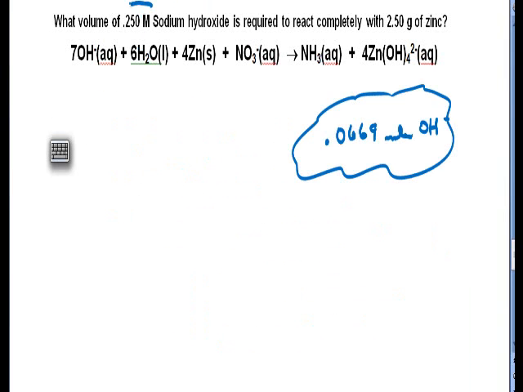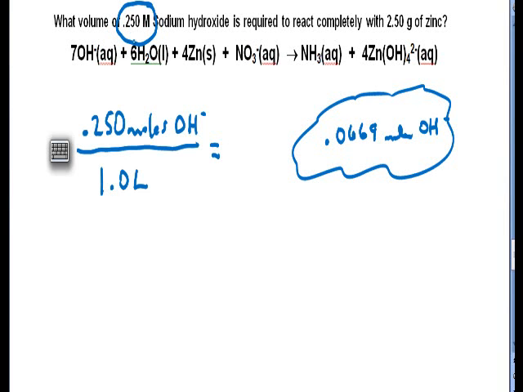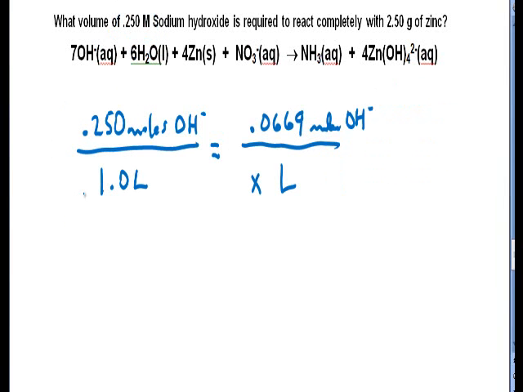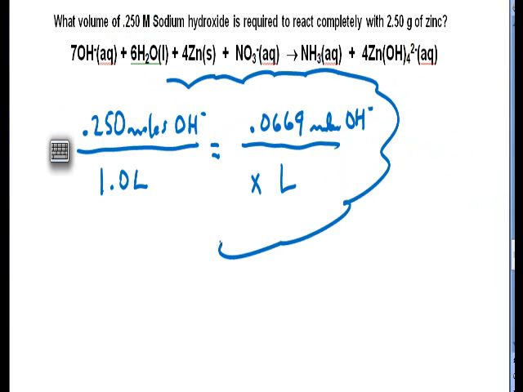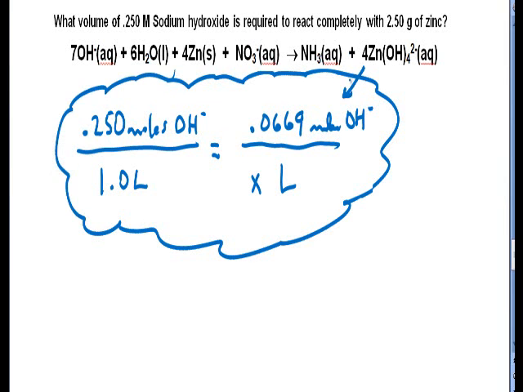Now our concentration of sodium hydroxide is 0.250 molar. The capital M stands for molar or moles per liter. This allows us to set up another proportion. The 0.250 molar known solution that we're given tells us that we have 0.250 moles of hydroxide ions per 1 liter of solution. This we can now use in a proportion, knowing that we have 0.250 moles of hydroxide per 1 liter, and that our sample requires the use of 0.0669 moles of hydroxide to react with our zinc.